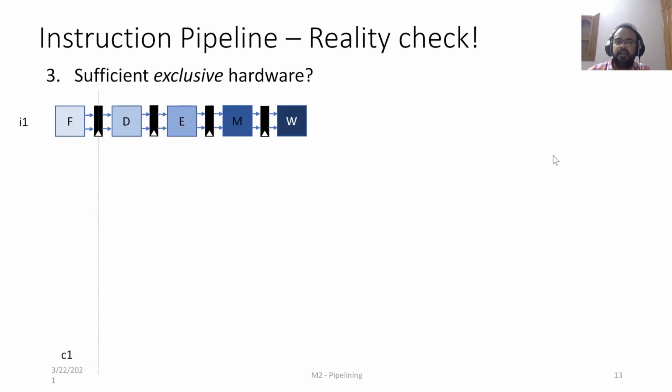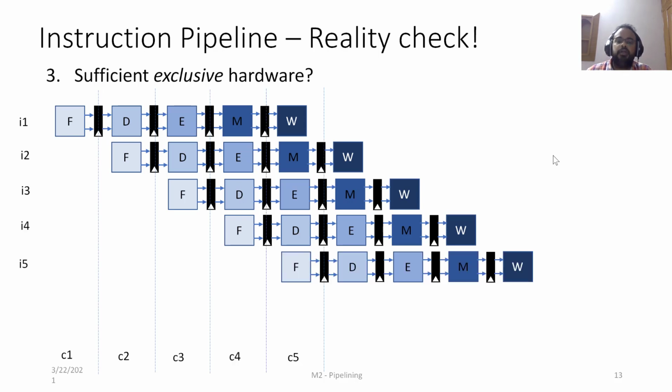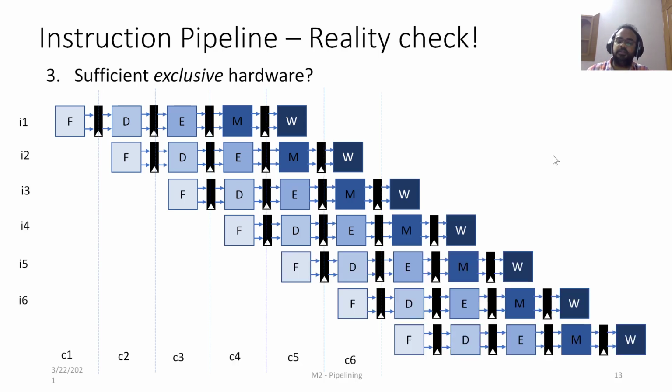So here we have I1, I2, I3, I4, I5, I6, and so on and so forth. Now during the fourth cycle, if we observe, I1, if it is a load instruction, will be trying to contact the memory to get the data.